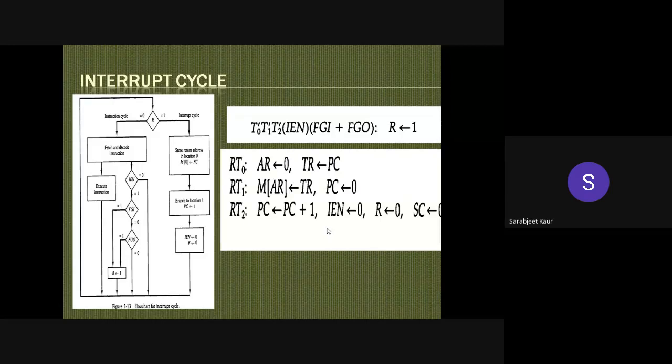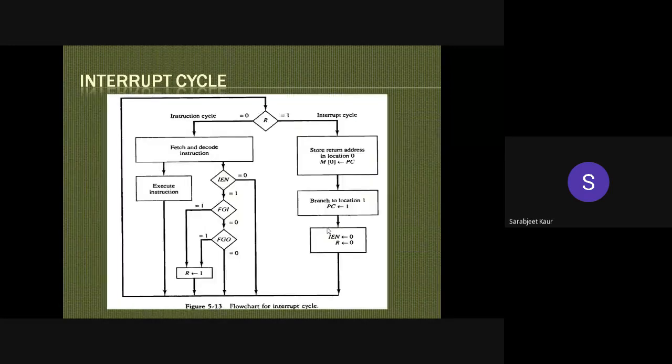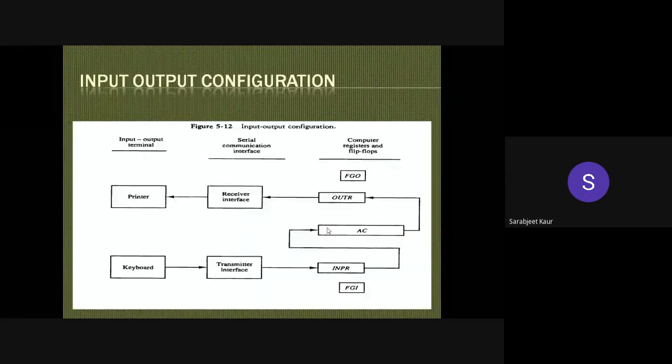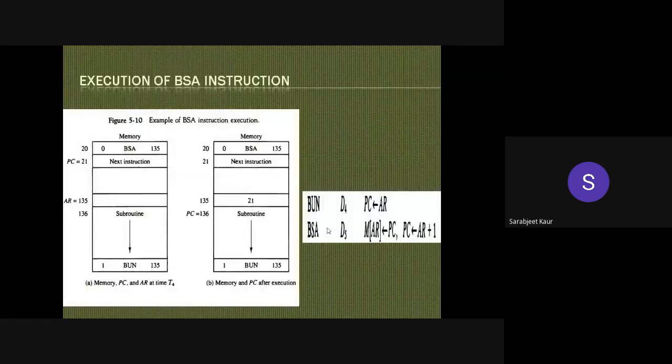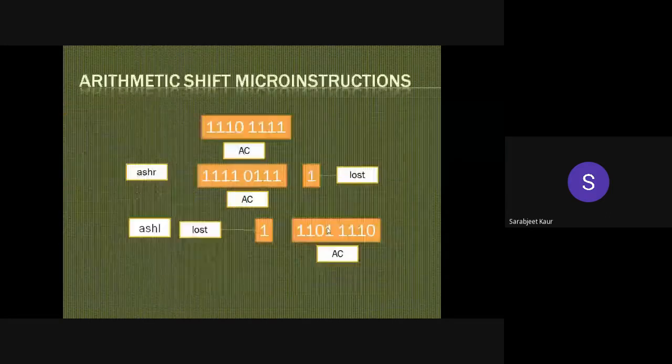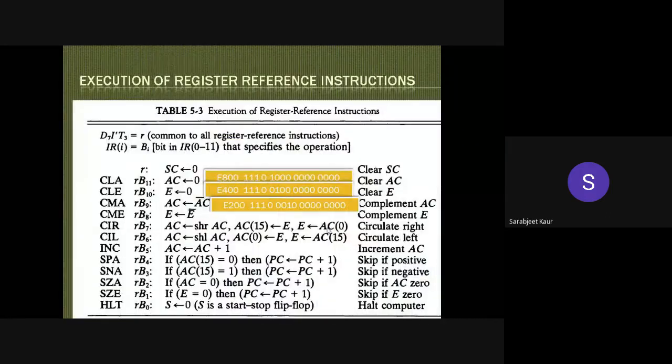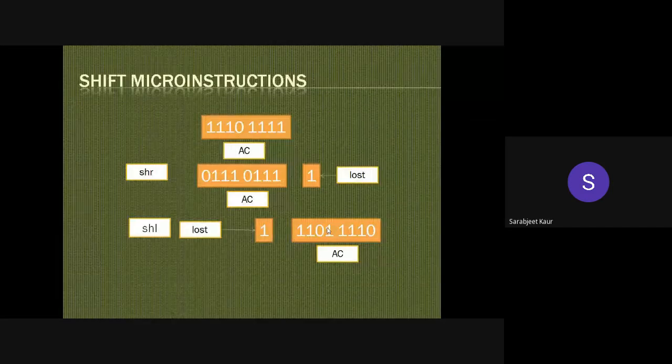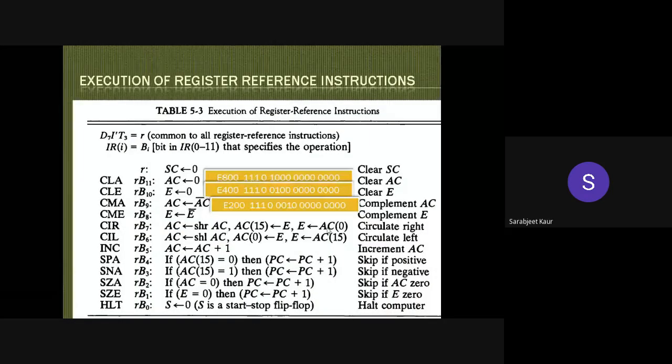I also want to reserve some part of today's class for a discussion of the execution of the register reference instructions that we had done last time on the CPUSim. I will give you a quick recap of what we did on CPUSim that day.